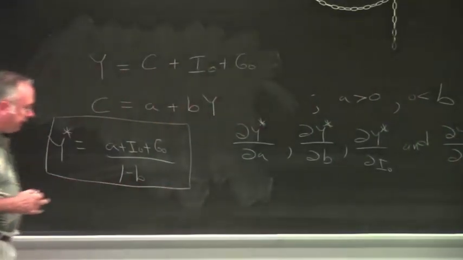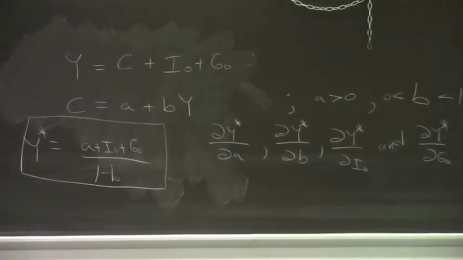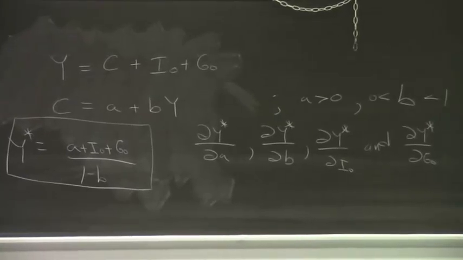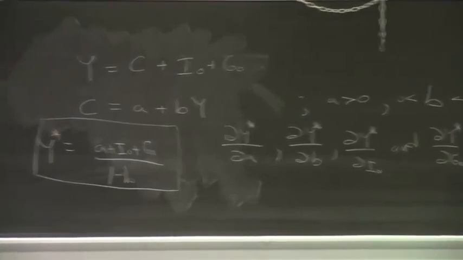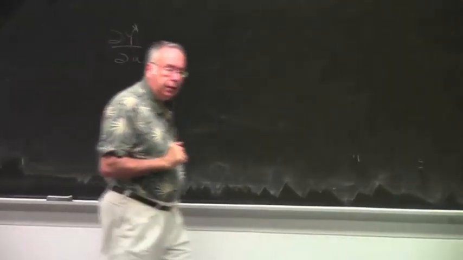Now, the sign of these partial derivatives will tell us what kind of relationship exists between this parameter or exogenous variable and the equilibrium value of national income. Okay. For example, let's just do partial Y star, partial A. What will this expression be?